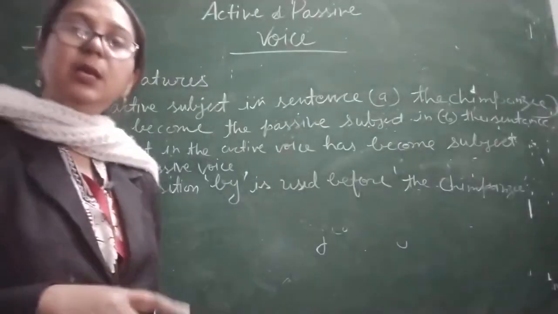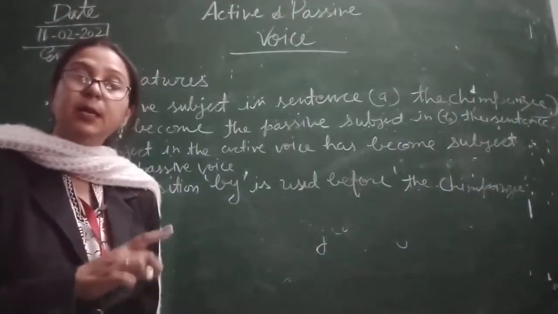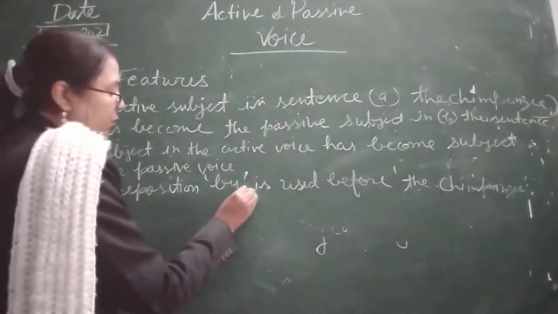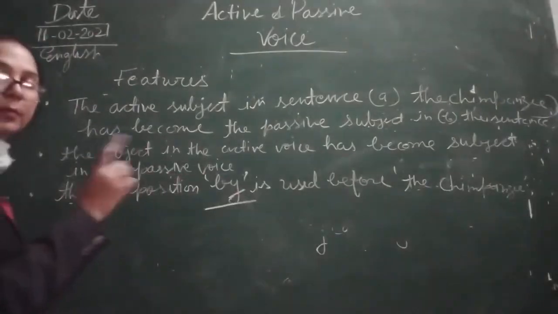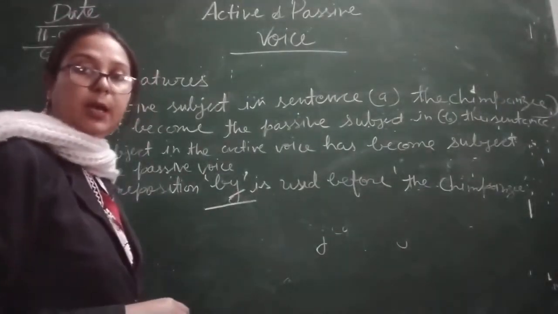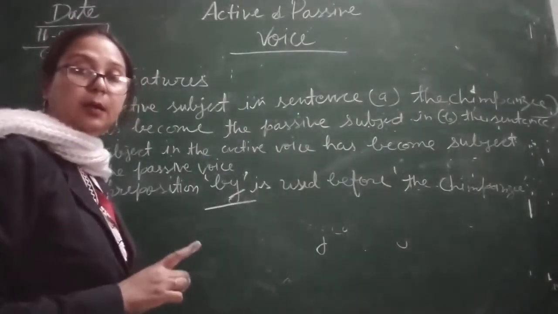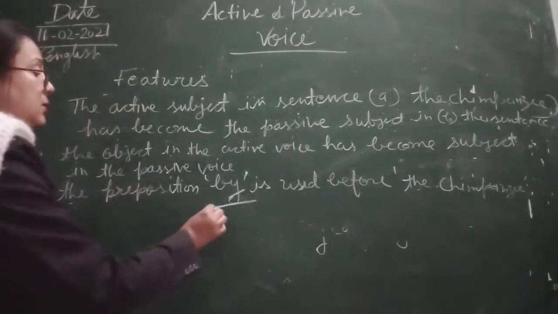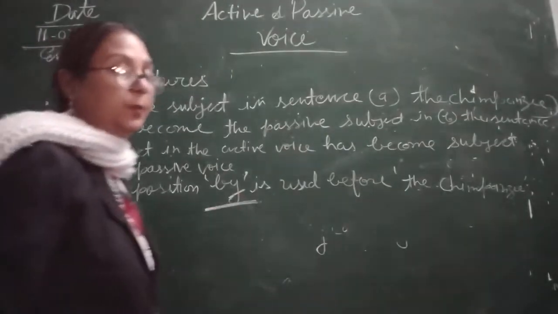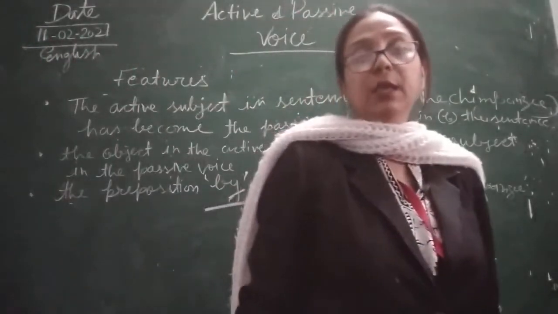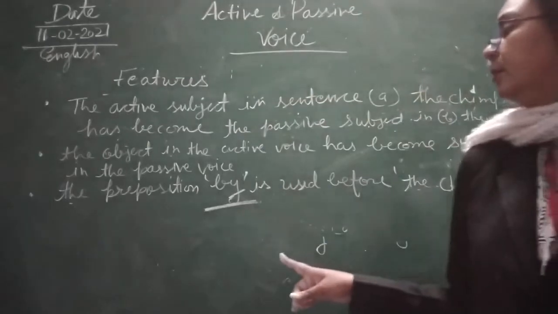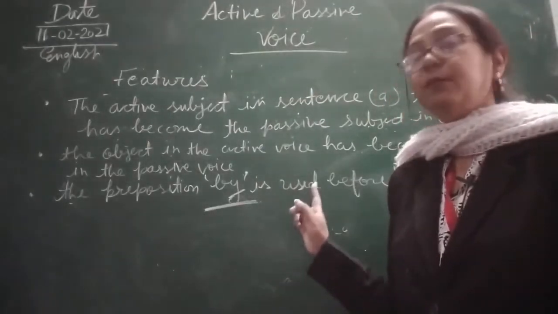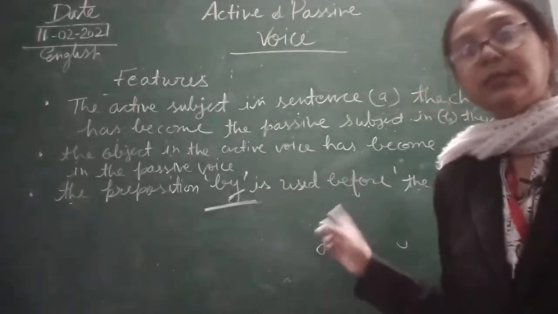A banana is being eaten by chimpanzee. Now here you can see by will be used before the receiver. Okay, so this is a very important thing that we will always remember, because while making active to passive voice we can forget, and because of this your marks will be cut. So this preposition we will use before receivers.